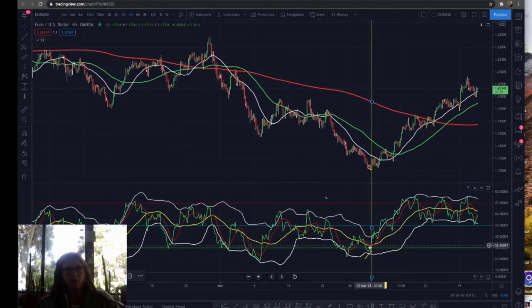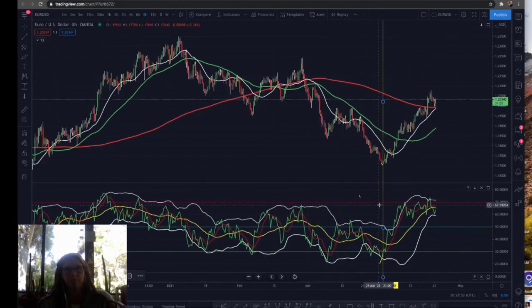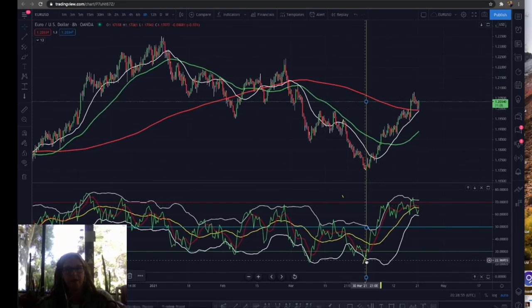The 4 hour is coming very close to the band, but it's not quite out yet. You move up to the 8 hour. The 8 hour is crossing the red line. So as you can see on the 8 hour, we have plenty of room.